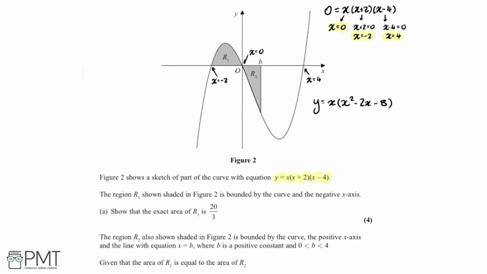Then I'm going to multiply the x through into the bracket, so we have x to the power of 3 minus 2x squared minus 8x.